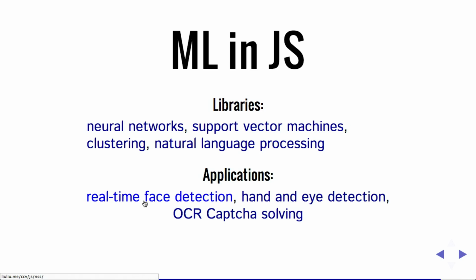So that's cool. And there are some applications in JavaScript too, using machine learning. My favorite one is this real-time face detection. So this is face detection that runs really quickly. That means that you can do it on every frame of a video, like an HTML5 video. So that is super cool. There's also a hand and eye detection library.